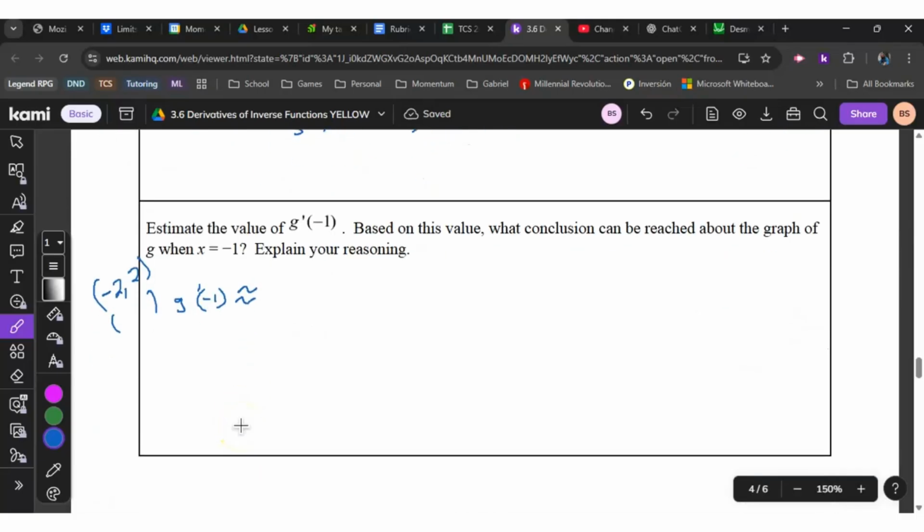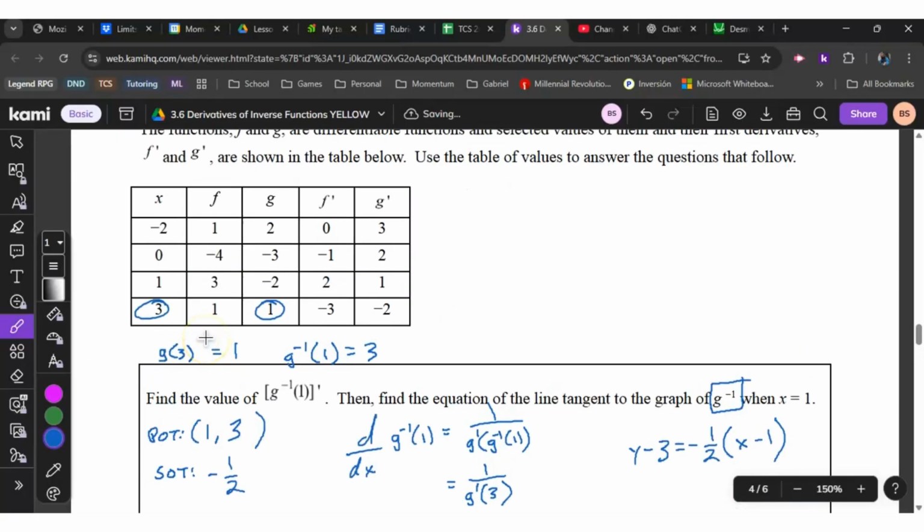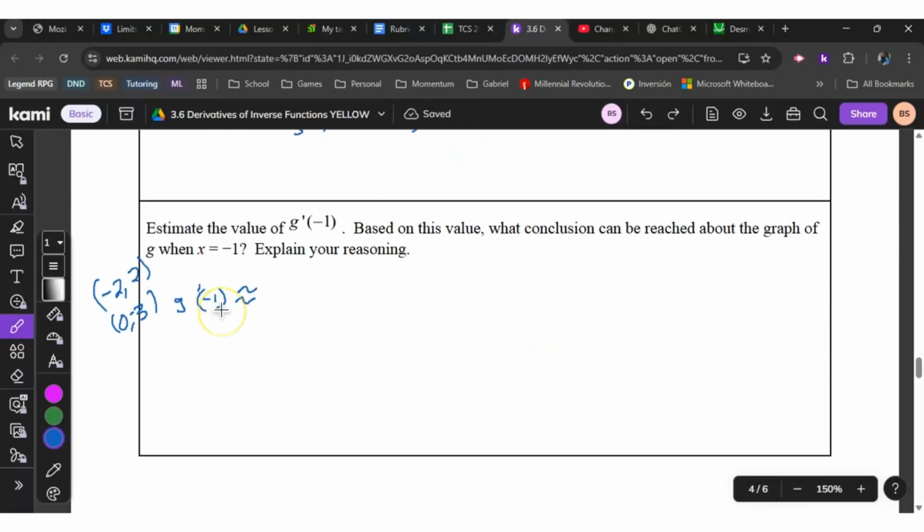Where did we get 0 and -3? We're looking up here. We're looking at -1, which lies right here between these two. So we're going to use these two coordinates to figure out the estimation. That means we're going to get -3 minus 2 over 0 minus -2, which is -5 over 2.